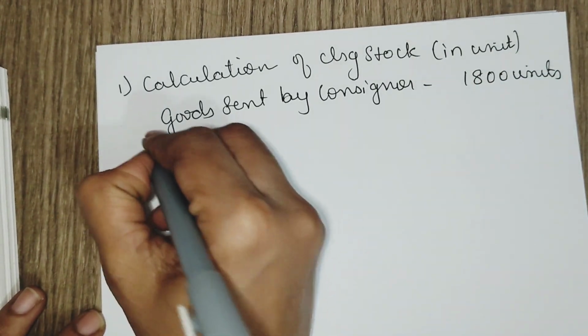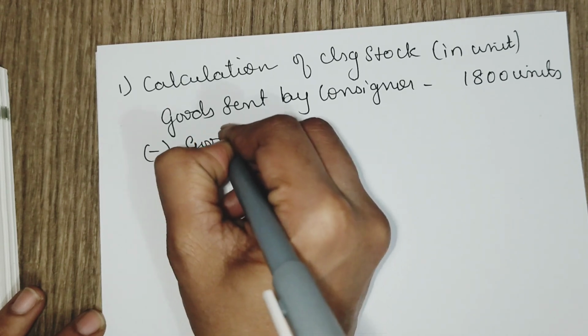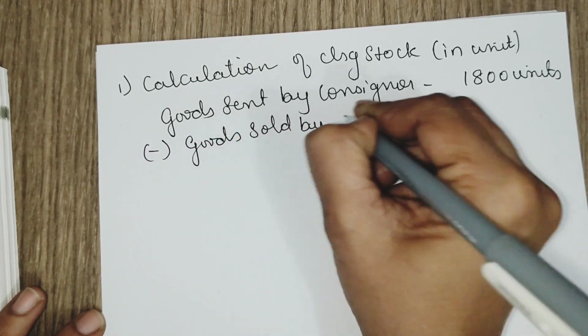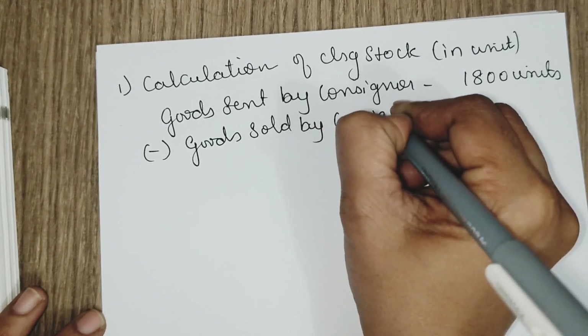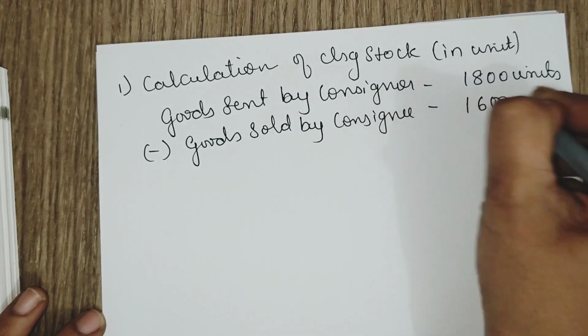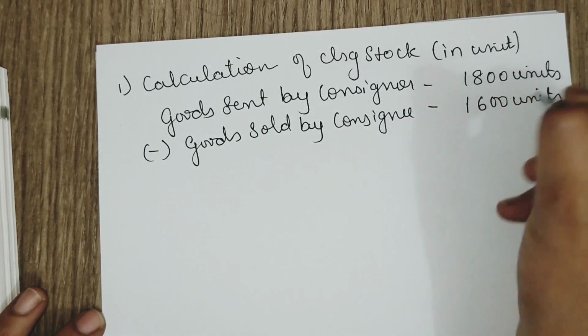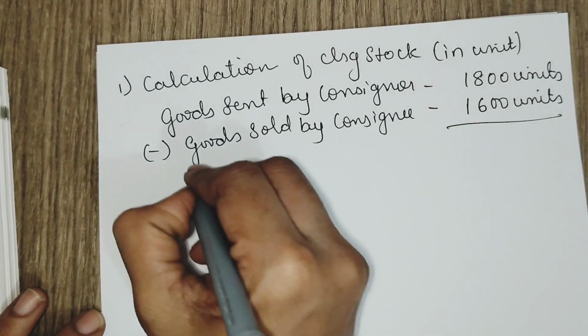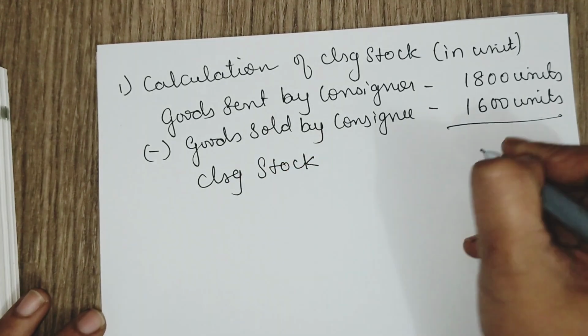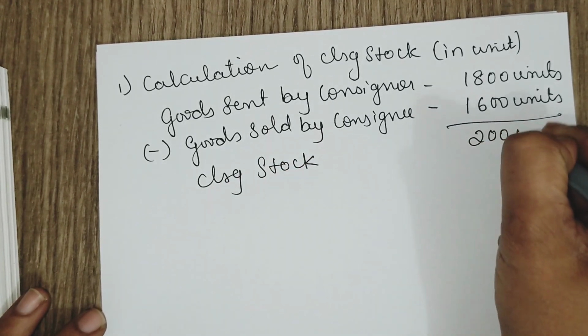Out of this, goods sold by consignee 1600 units. Closing stock is 200 units.